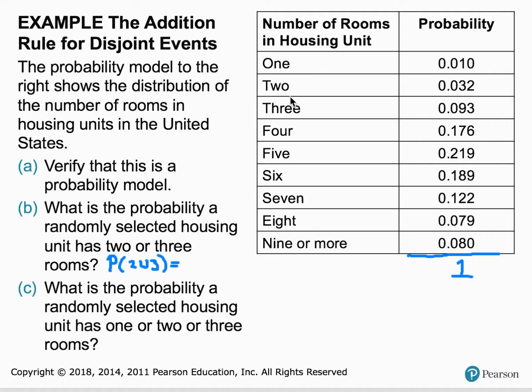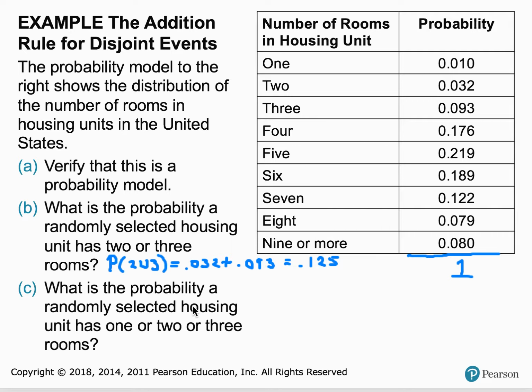So I'm going to add the probability that there are 2 rooms, 0.032, plus the probability that there are 3 rooms, 0.093, to get 0.125 for the probability that it has 2 or 3 rooms.